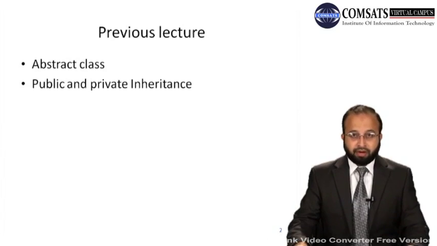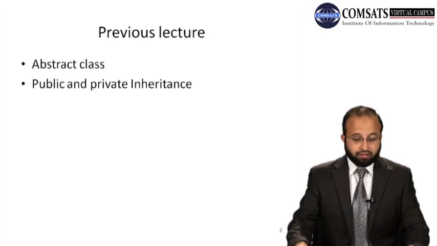Then we have seen public and private inheritance. What is the difference between public and private inheritance? And we have seen some examples and a very detailed discussion on public and private inheritance.